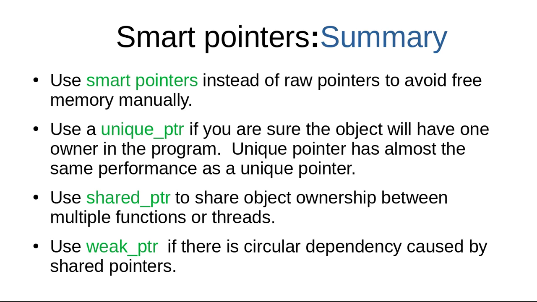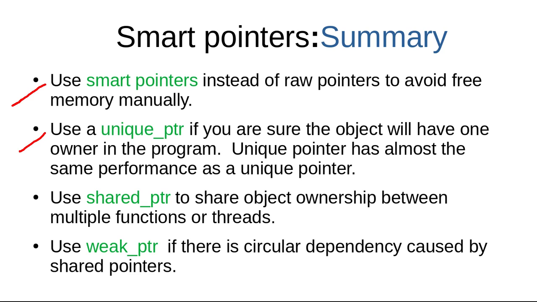Summary: use smart pointers instead of raw pointers to avoid freeing memory manually and to avoid memory leaks. Use unique pointer if you are sure the object will have one owner in the program.